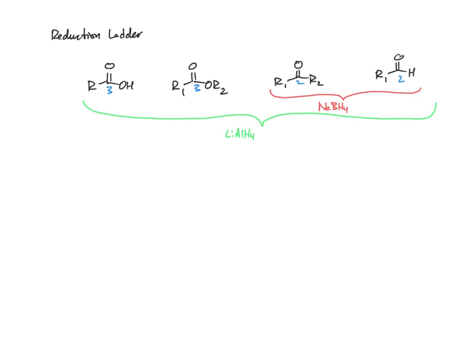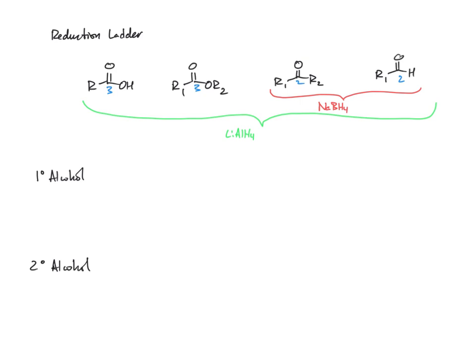So we're going to look at how these different functional groups, when they're reduced to alcohols, what is the classification of the alcohol that is produced? So a way to think about this, let's go ahead and make a table here. I want to say primary alcohol. I'm going to say secondary alcohol.